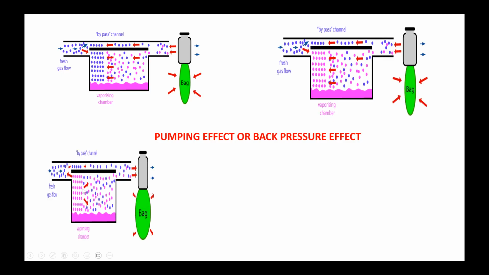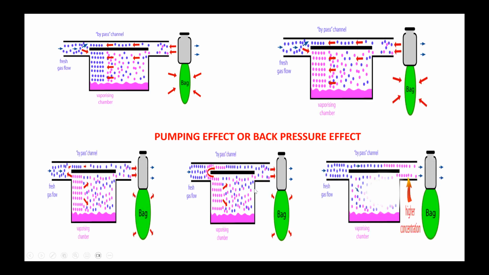So whatever excess gas has entered the vaporizing chamber, that also carries vapor and comes into the outlet. And so ultimately what happens? The gases which are coming in more than what is required increase the concentration. So for example, if you set the dial of the sevoflurane vaporizer at 2%, and if this pumping effect is taking effect like this, you will deliver 2.5 or 3% instead of 2%. Okay, so that is the mechanism of what is called the pumping effect.